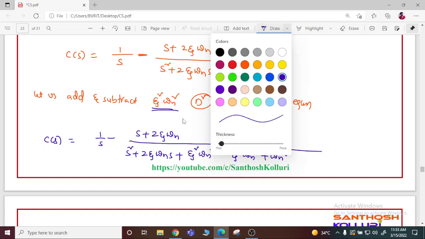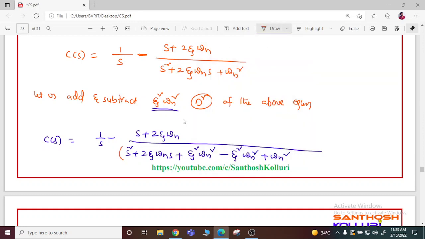If we observe this, it is nothing but s plus zeta omega n whole square, the a square plus b square plus 2ab form.